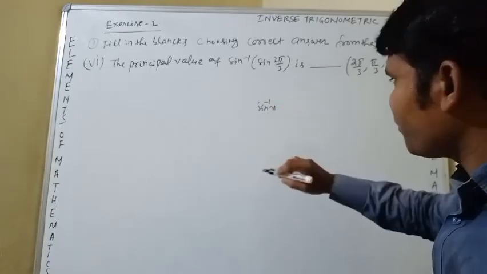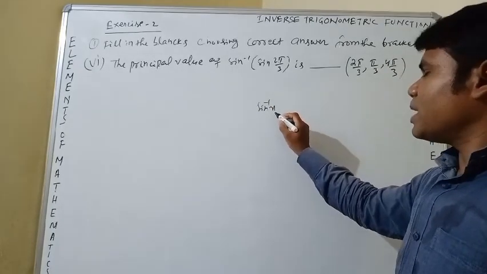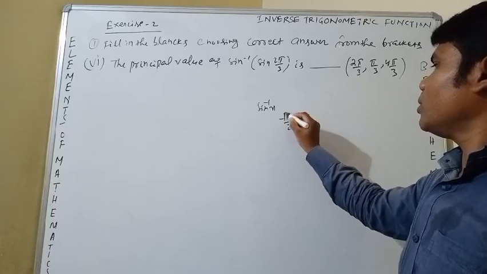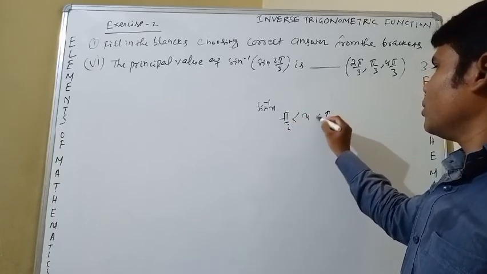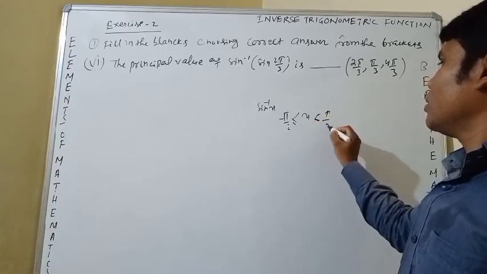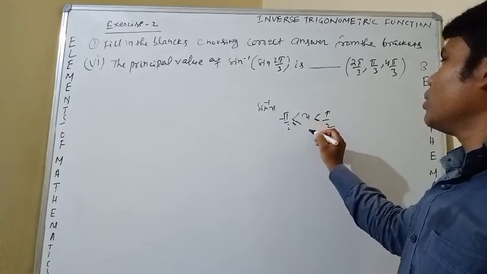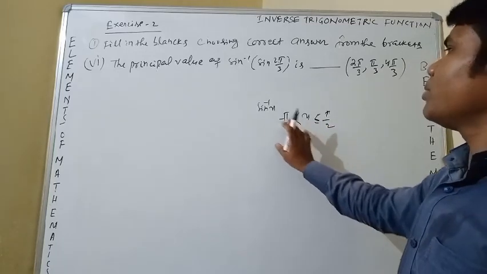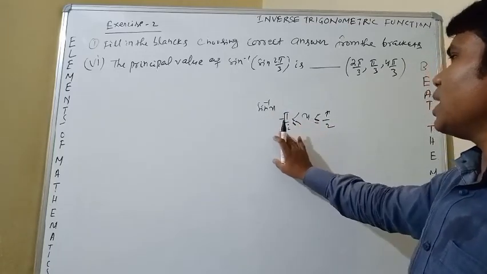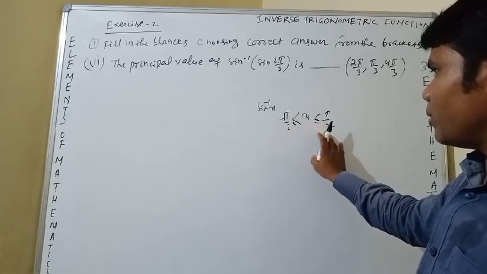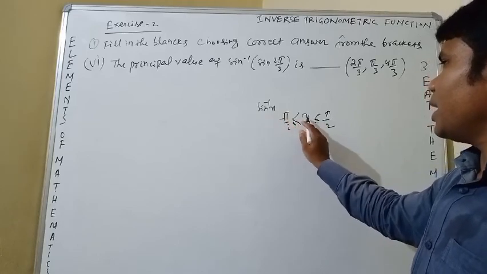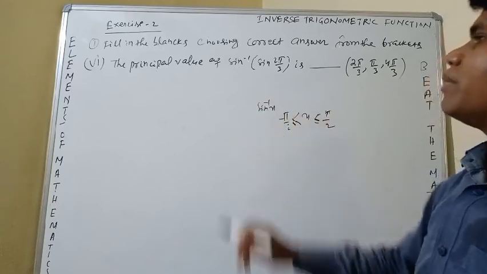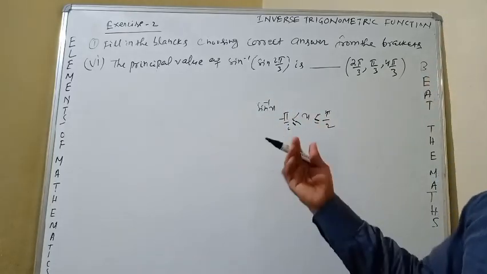Okay, if the value lies between minus pi by 2 to pi by 2, here you see, if the value of sine inverse x lies in minus pi by 2 to pi by 2, the value is called the principal value, otherwise the value is called the general value.